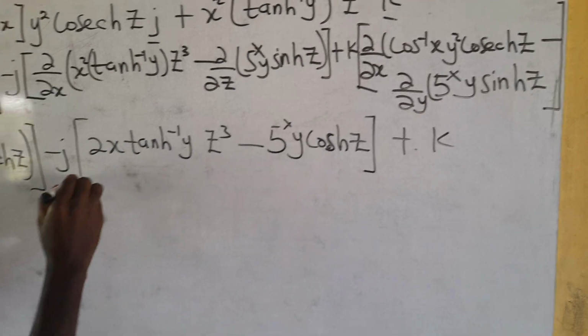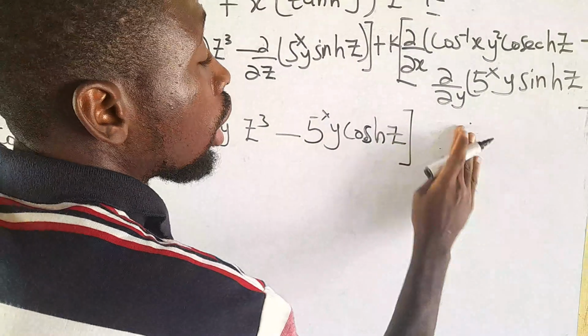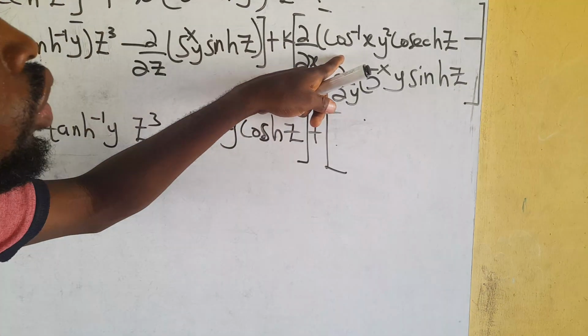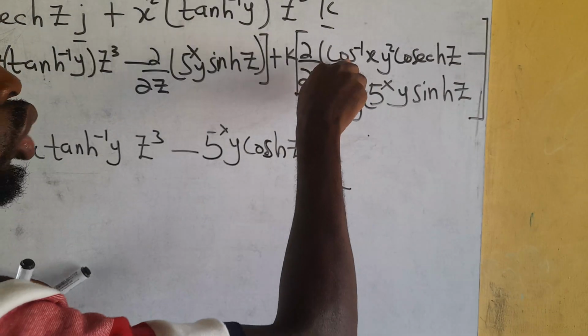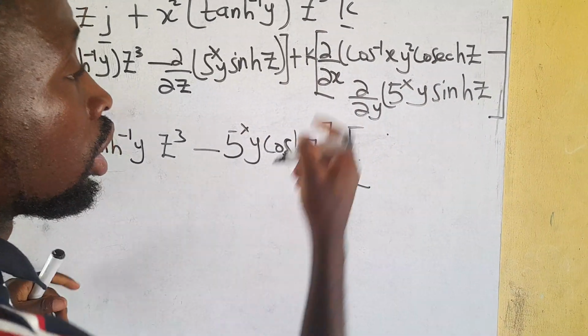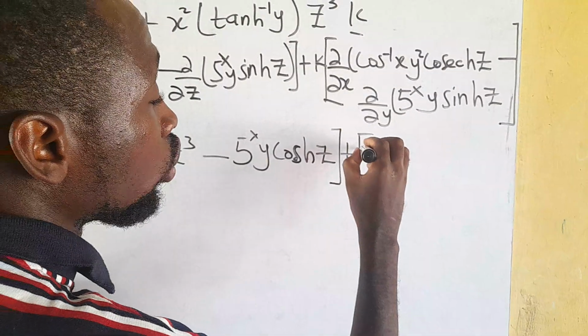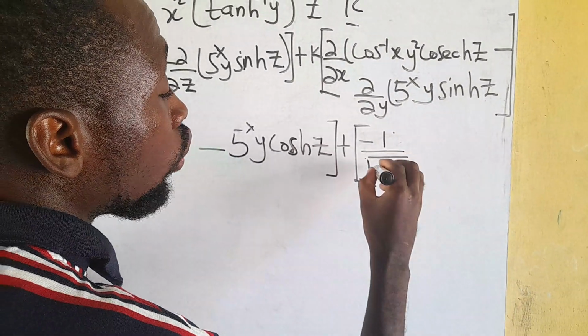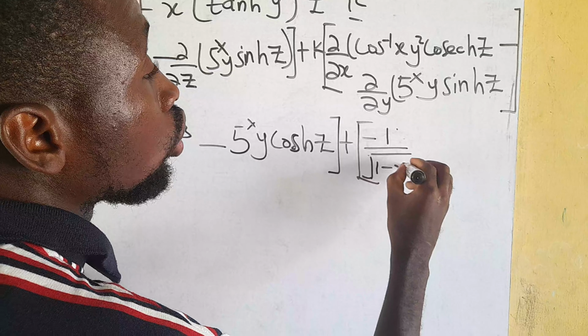Let me put it down here so that we understand better. Plus k. Now we'll find the partial differentiation of this function with respect to x. That means we'll differentiate cos inverse of x. The y and the cosec z will be held constant. When we differentiate cos inverse of x, we get negative 1 all over the square root of 1 minus x squared.